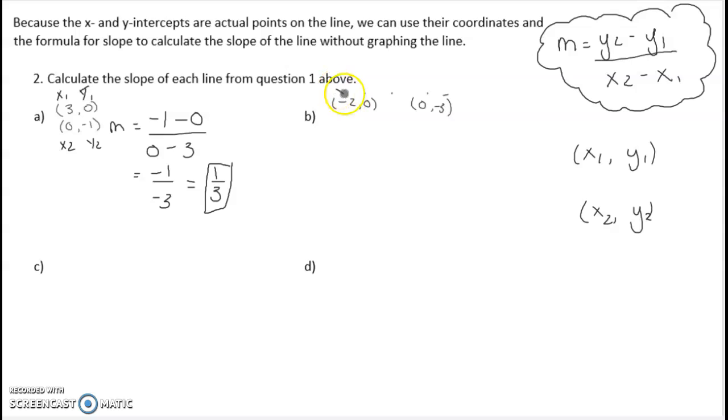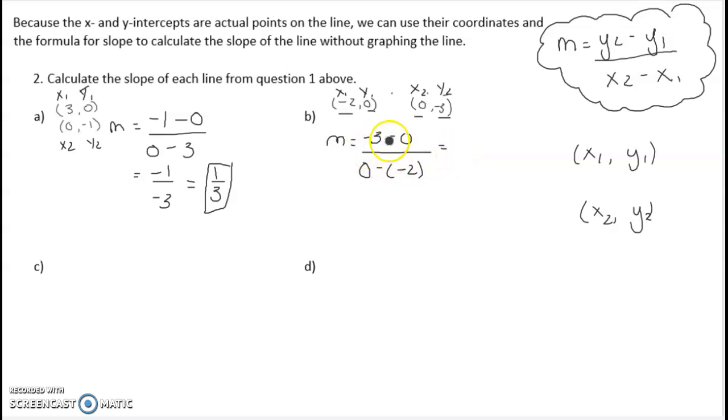The second one, x1, y1, x2, y2. So we have our formula. Slope equals y2 minus y1. So we have -3, subtract y1, which is 0, and then divided by x2, which is 0, subtract x1, which is -2.